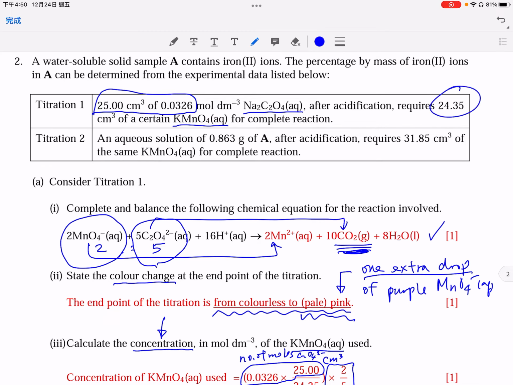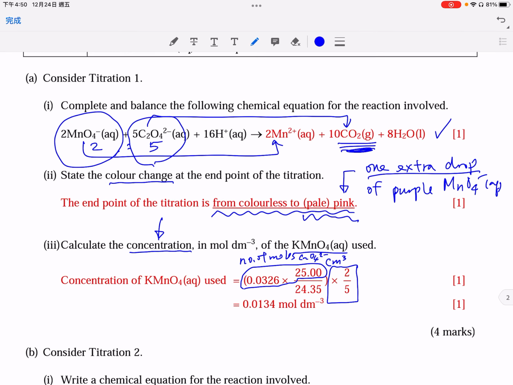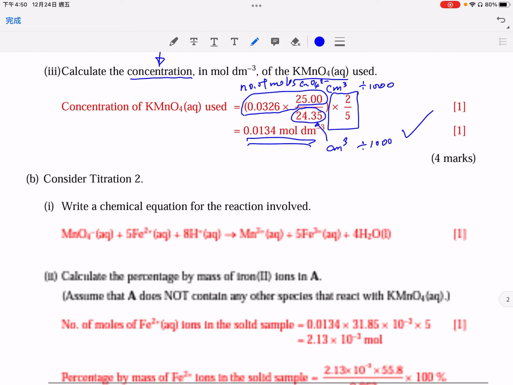Therefore, you have to divide the number of moles by the volume of the permanganate. This time again, this is expressed in cm cube. Therefore, the two factors of 1000 will be cancelled out, leaving the answer like this.